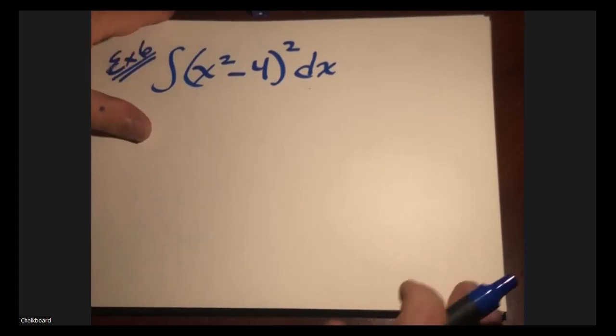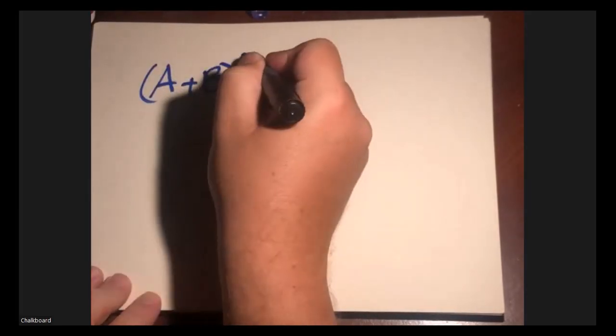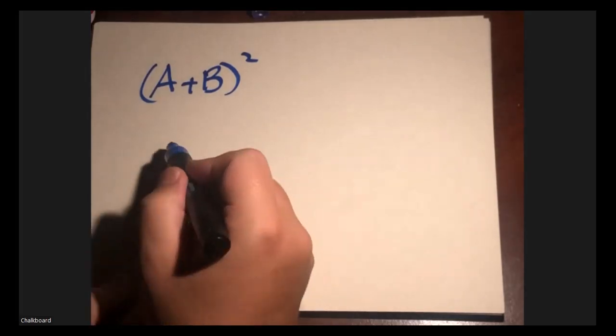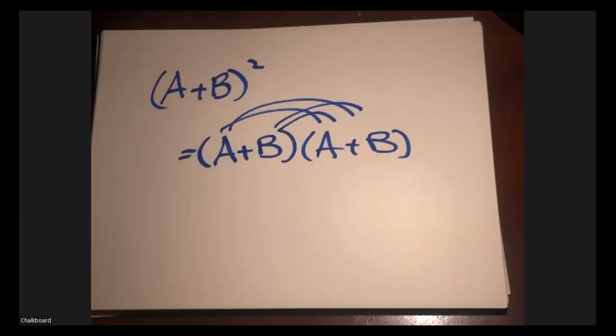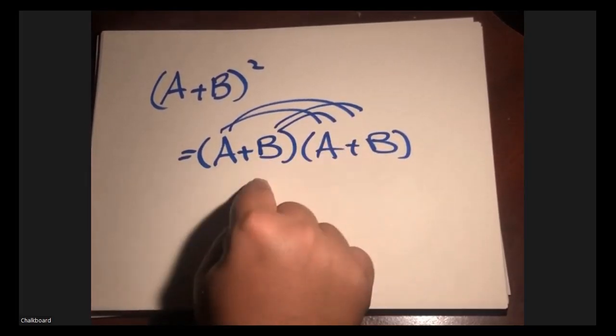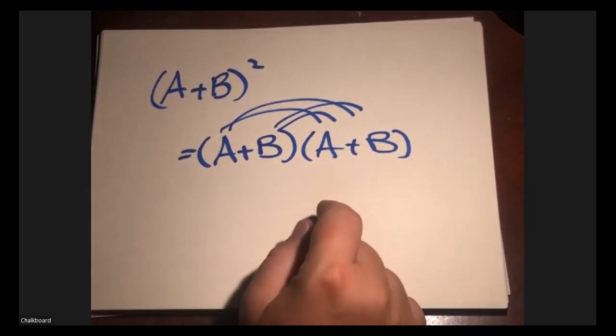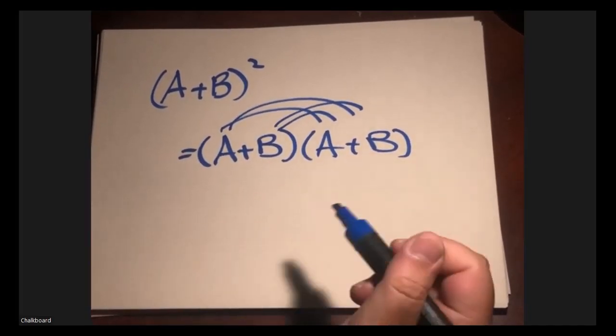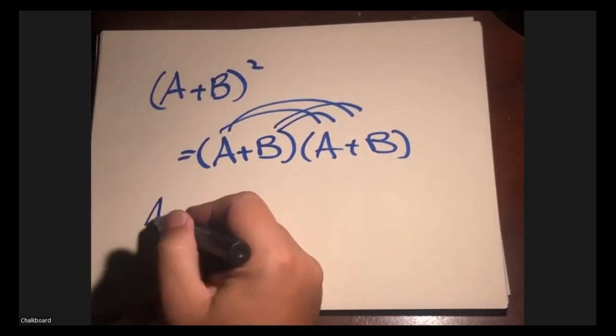Now, just as a reminder, how do you square a binomial? If you're trying to square a binomial, like a plus b quantity squared, you write it twice and apply FOIL. The first is a times a, which is a squared.